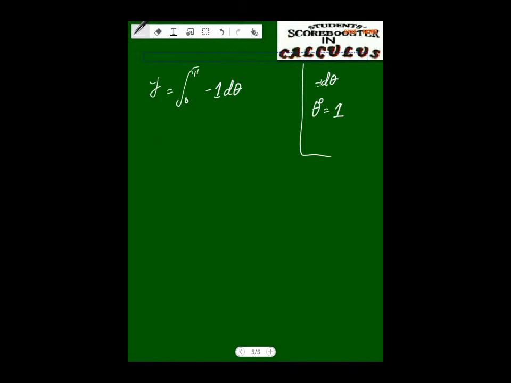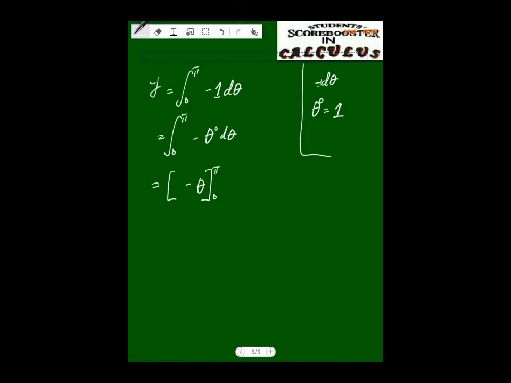So the meaning is that I can come here and write minus theta raised to power 0 d theta. If I want to integrate whatever is raised to power 0, I'm going to add 1 to 0 and divide by 1 plus 0. The meaning is that the integral of minus theta raised to power 0 is minus theta, from 0 to pi.